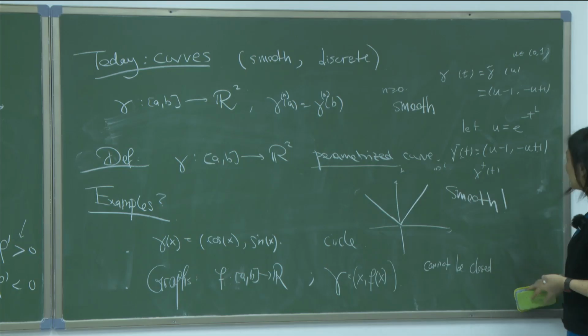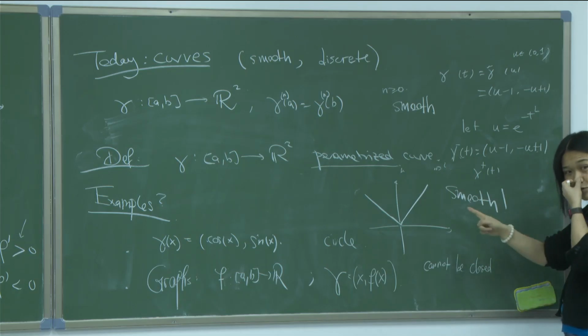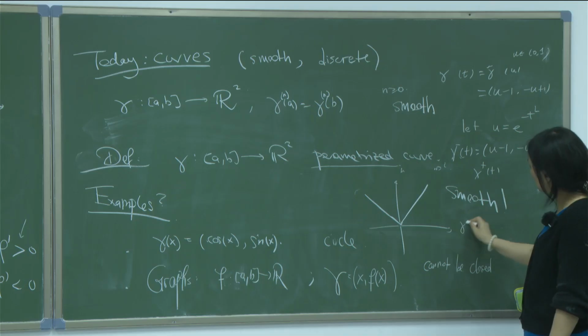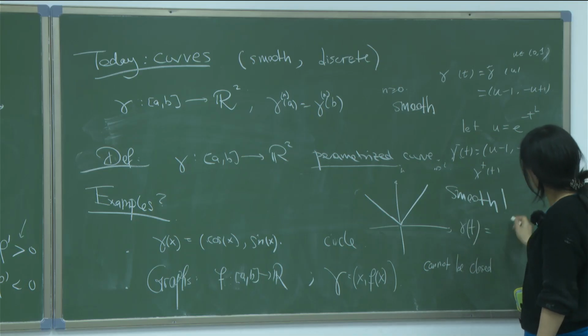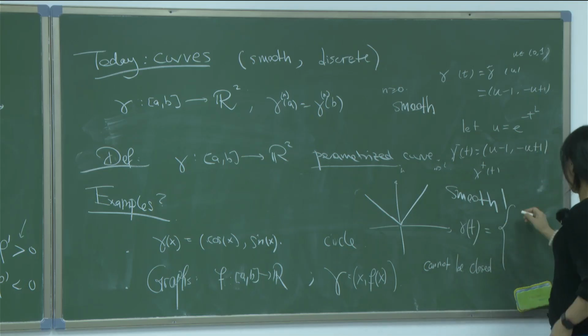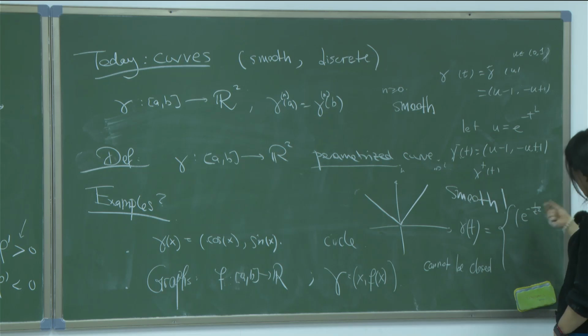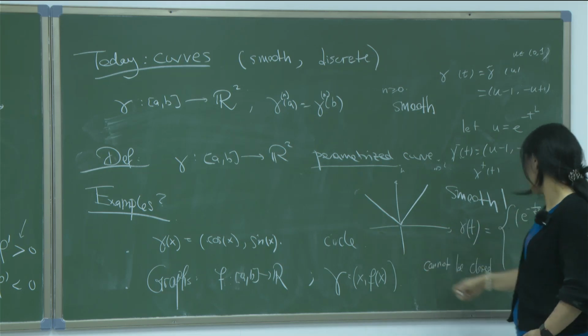The example I gave was basically this one. So the idea is, basically t, t, right? And probably I should have done it this way, because then at 0 we would have 0.